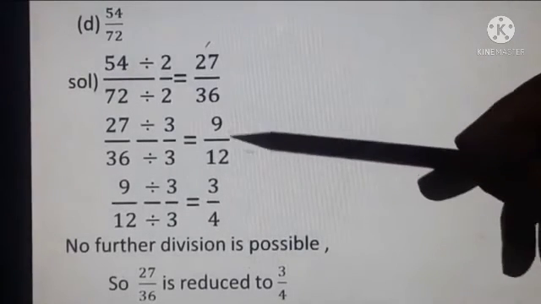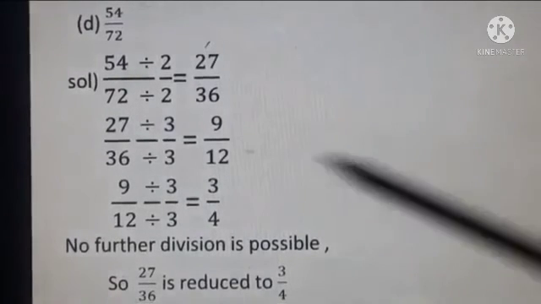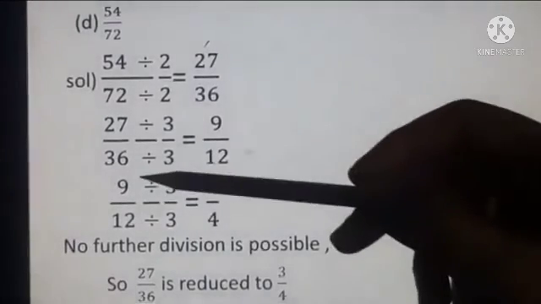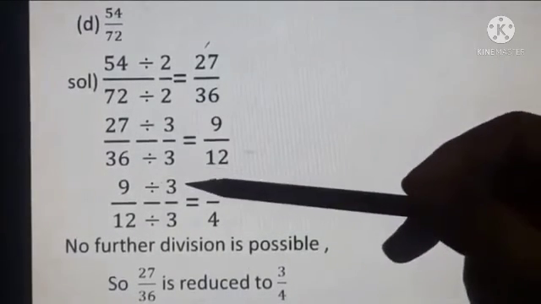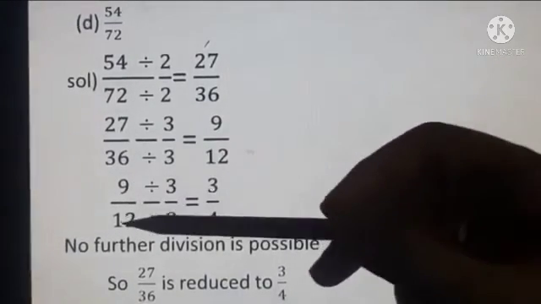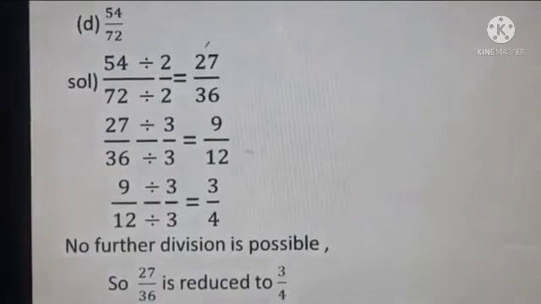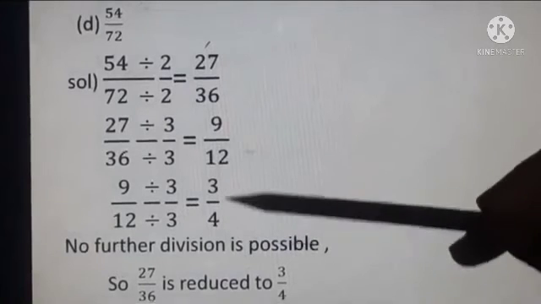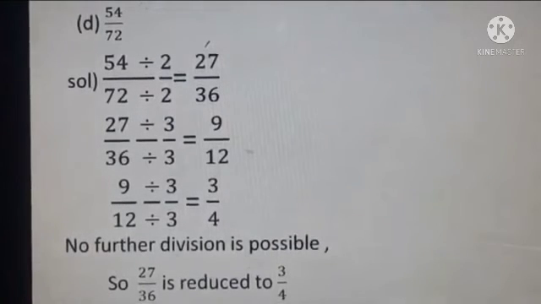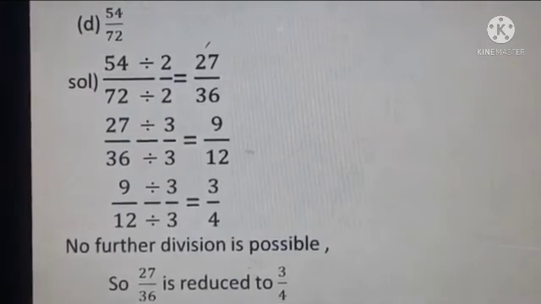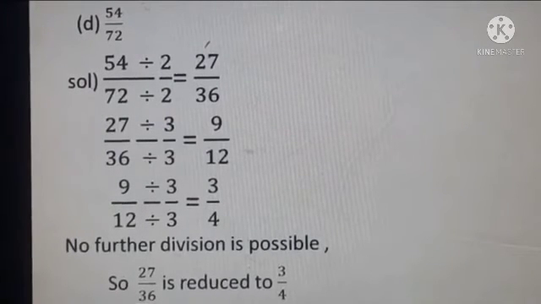Numerator 9 is divisible by 3, 12 is also divisible by 3. So one more step, 9 divided by 3 and 12 divided by 3. So our answer will become 3 by 4. Now no further division is possible because 3 and 4 have only the common factor 1. Highest common factor is 1.